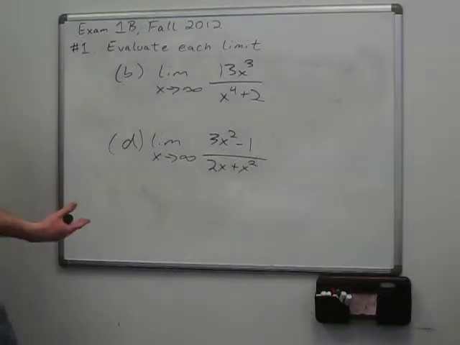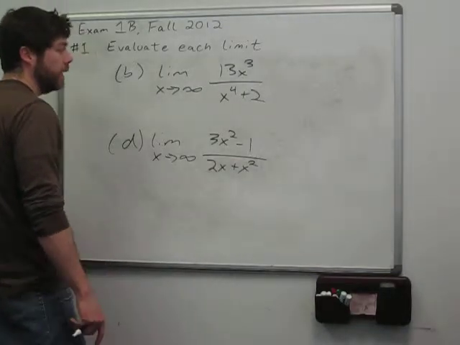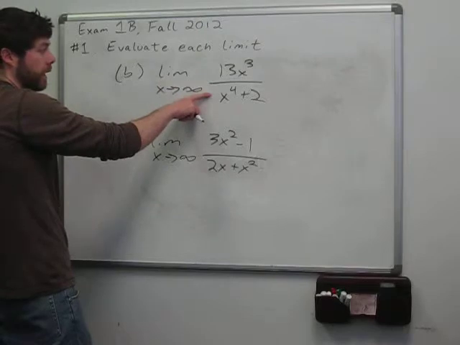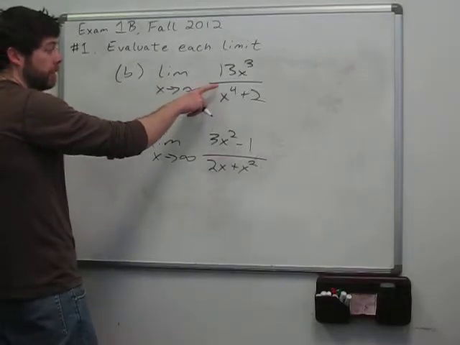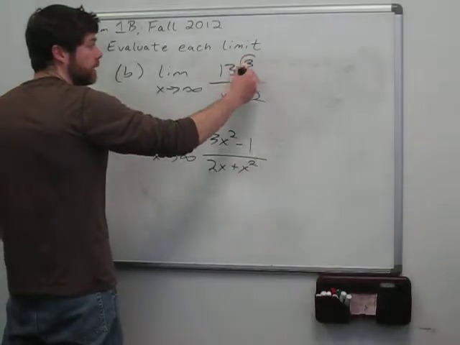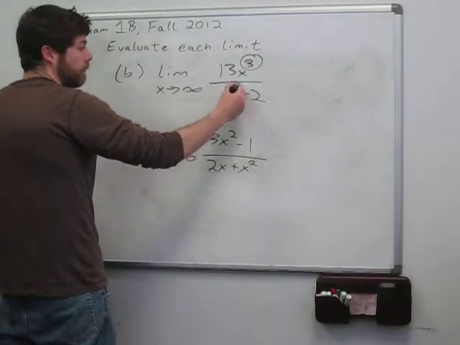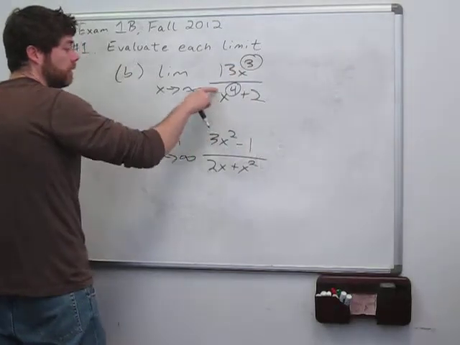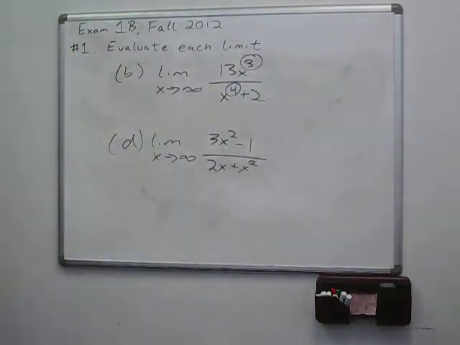And the idea is just to stare at the degrees of the numerator and the denominator. Remember, the degree is the highest exponent on x. So here the degree of the numerator is 3. The degree of the denominator is 4.